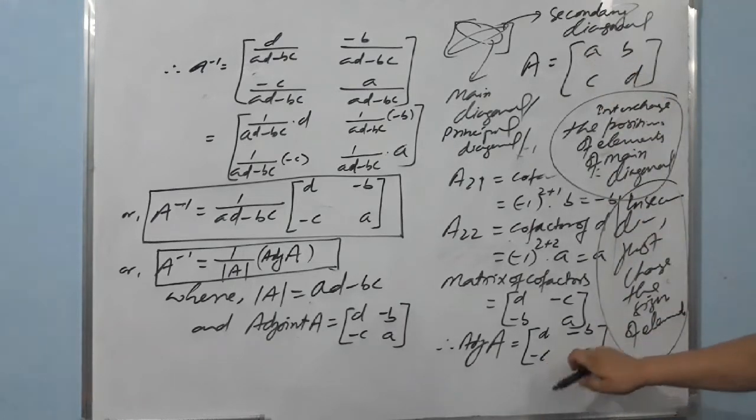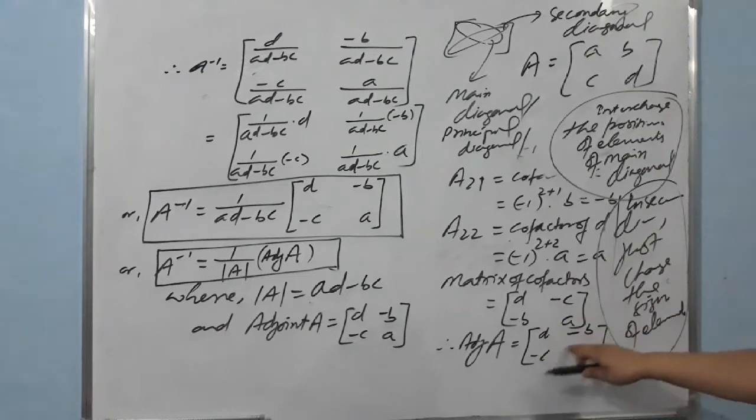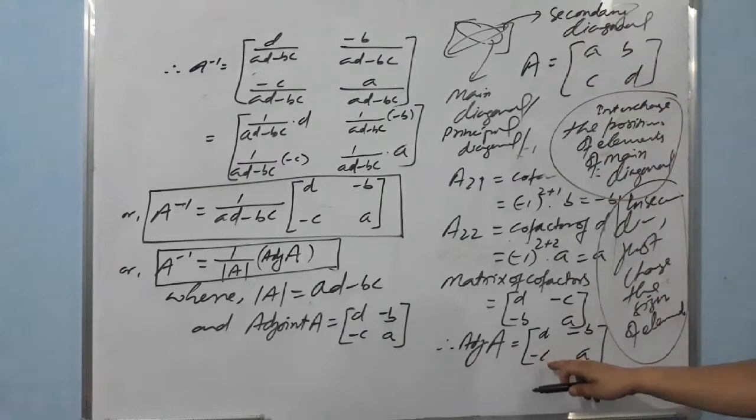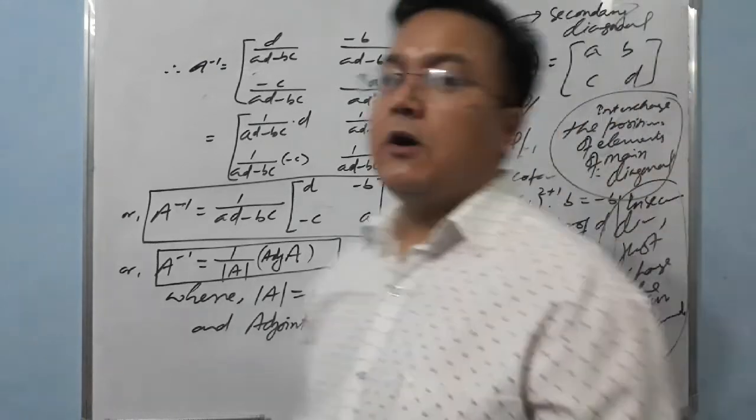And in the secondary diagonal only, we observe a sign change: B and C are positive, while in adjoint A they become negative. Now you understood how to find the adjoint of A directly.